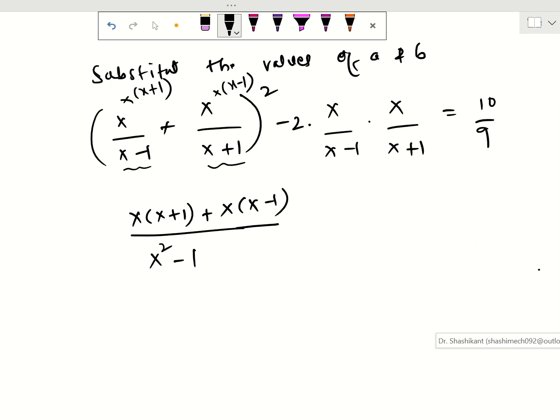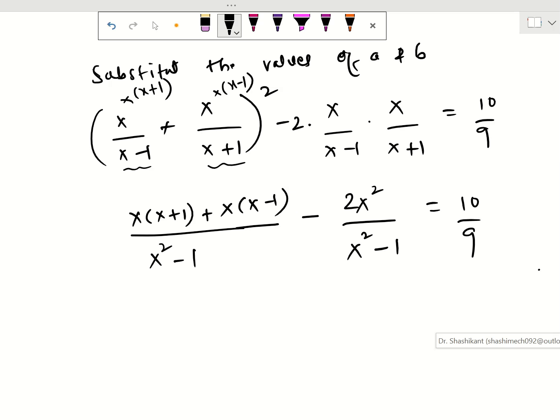Now again, the second term I'm writing here. The second term is minus of 2 x into x, which is 2x square, and here also a minus b into a plus b will be a square minus b square, right? So it is equal to 10 by 9.